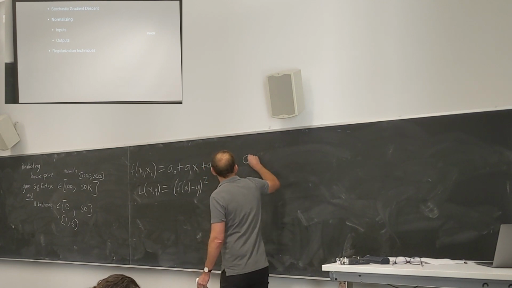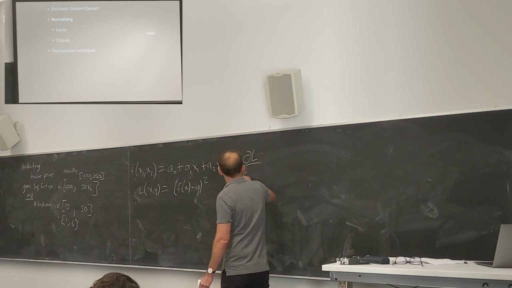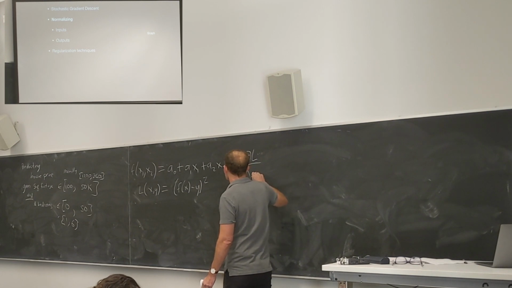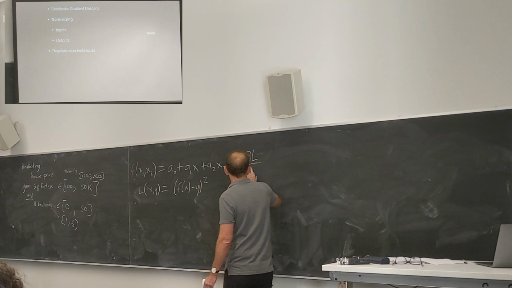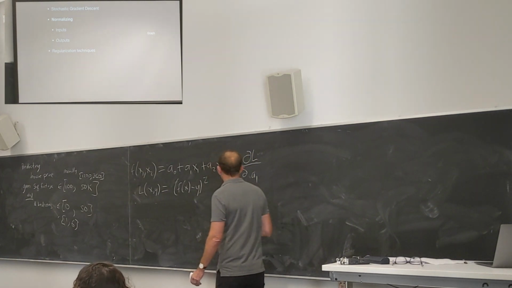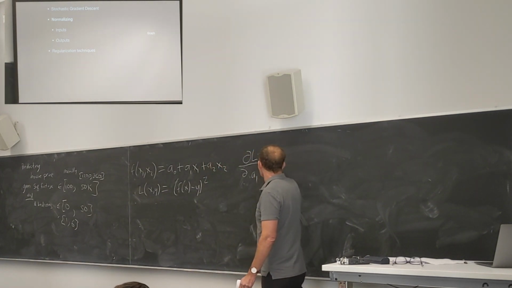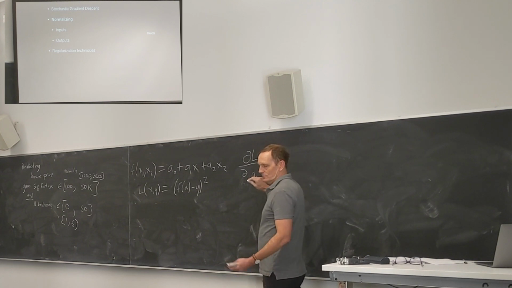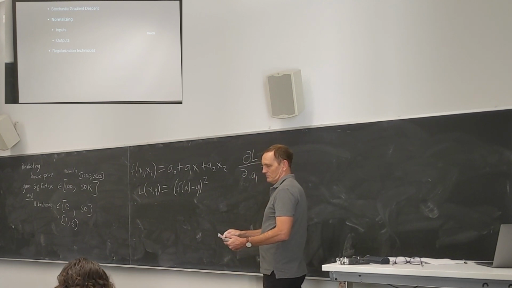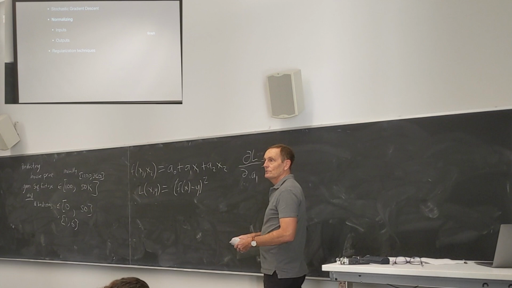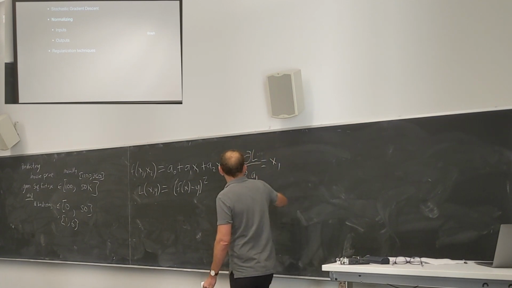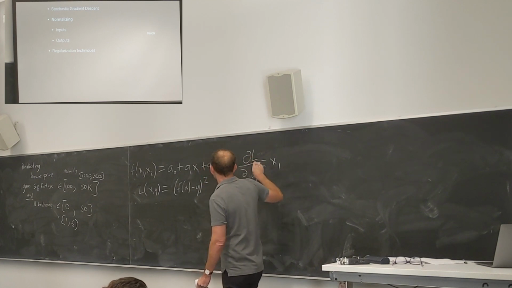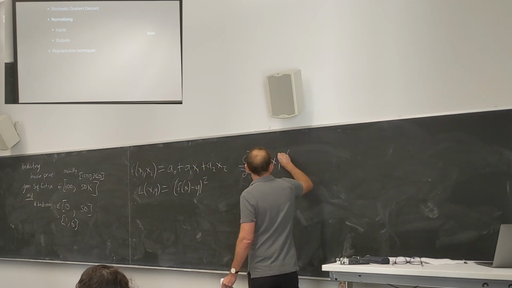So my question is, what is partial L, partial a1? Ben? X1, so that's this factor here, and times 2, the whole thing.